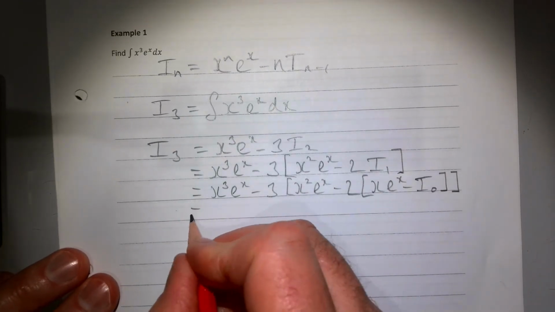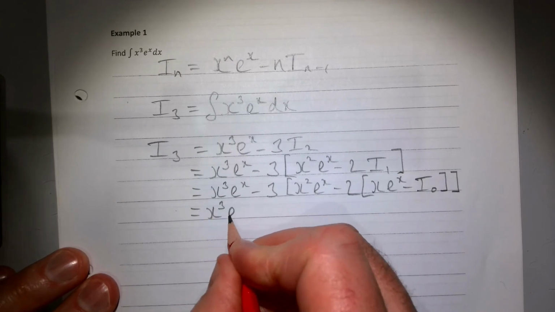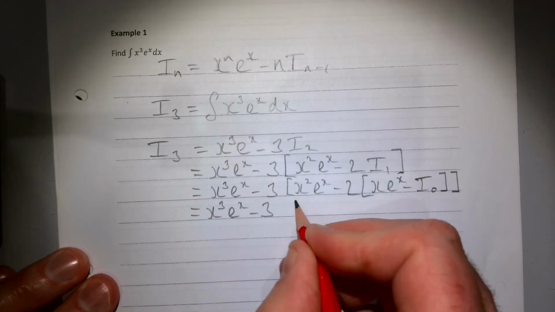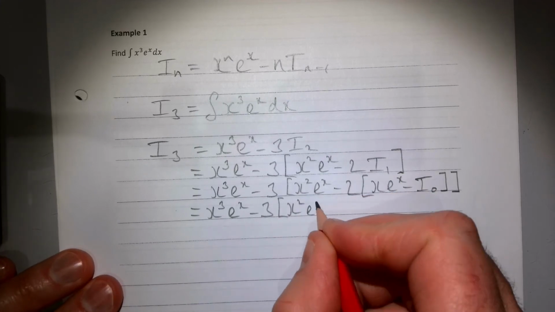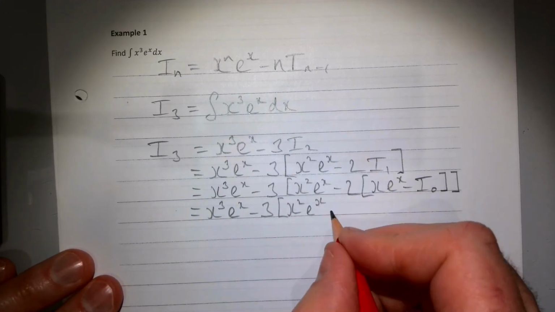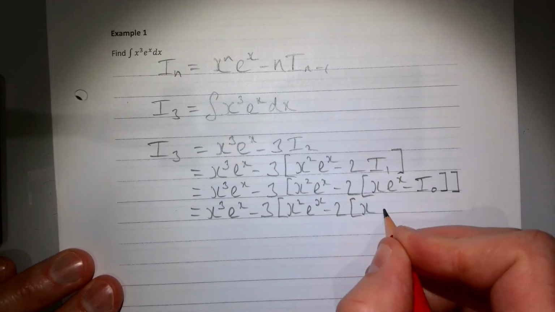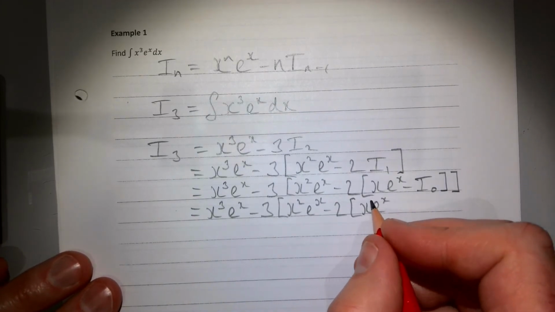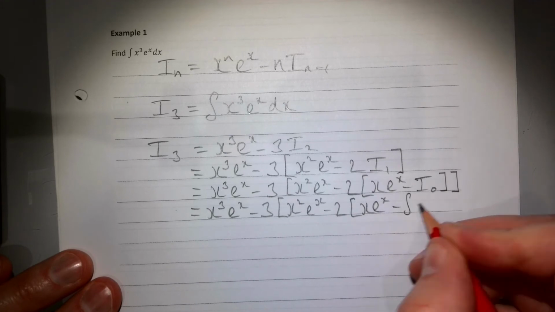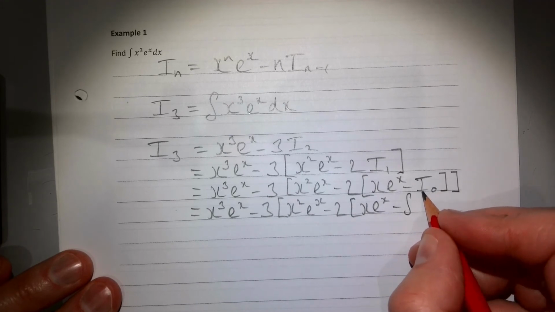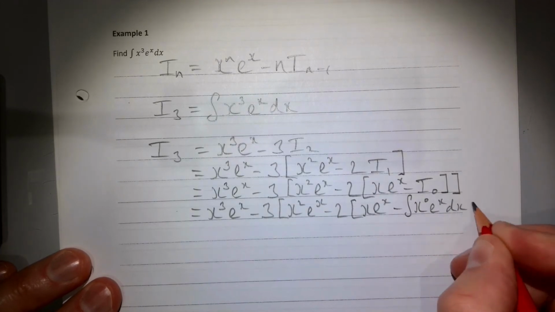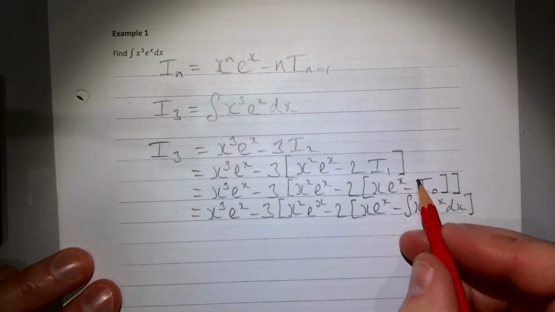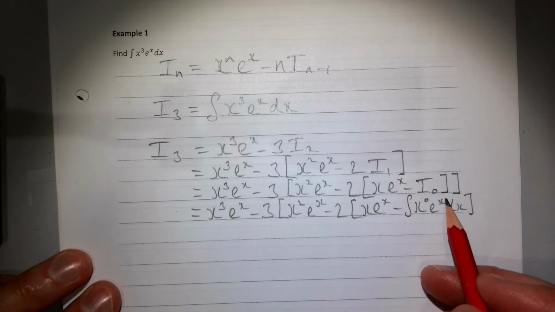So I3 then is x cubed e to the x minus 3 times x squared e to the x minus 2 times x e to the x minus the integral, because I0 is the integral of x to the 0 e to the x dx. We work our way down until we get one that's incredibly straightforward to integrate.